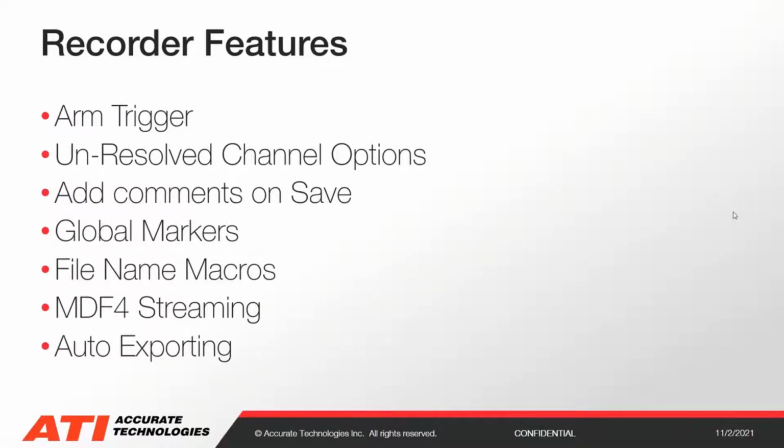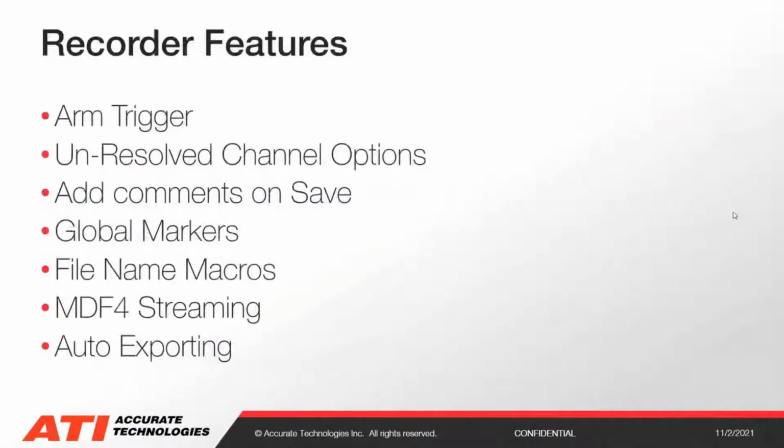Global markers, we'll go over. There's a slide in a couple where we can go over all the marker options. File name macros: those are macros that you can add into the file name and also the comments of your recording. MDF4 streaming, we'll talk about that a little bit later on, and auto exporting.